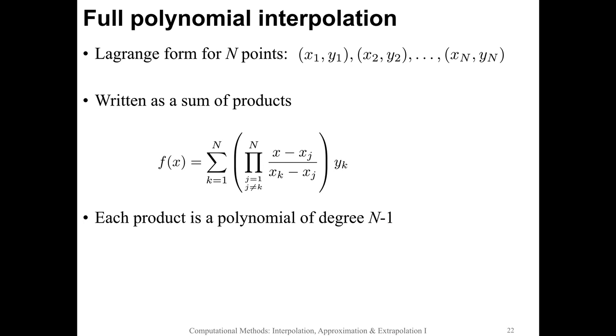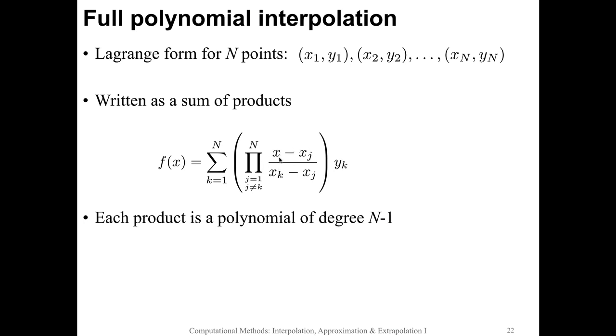It's written as a sum of products. So we're going to go into a little bit of detail on this. We'll try and pull apart the different components of this formula. You can see the summation over here on the left-hand side, and it's a sum over everything inside these curly brackets times a measurement value yk. So inside the big brackets is a product, right? This pi notation is a product of a series of fractions.